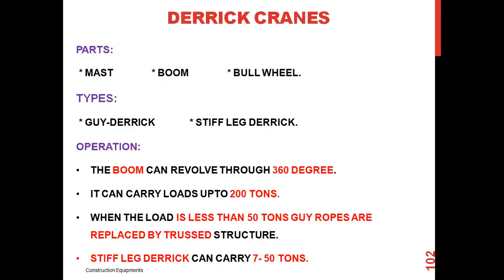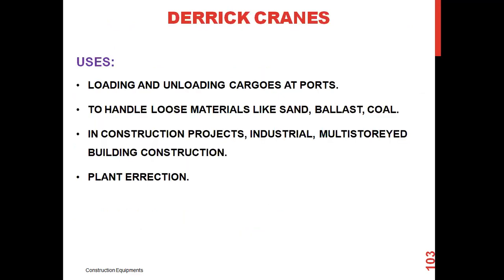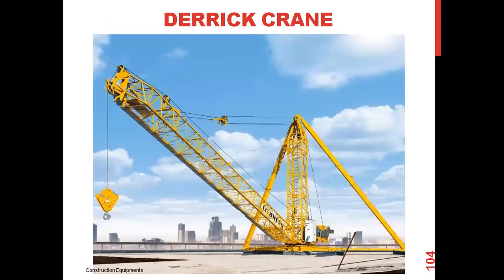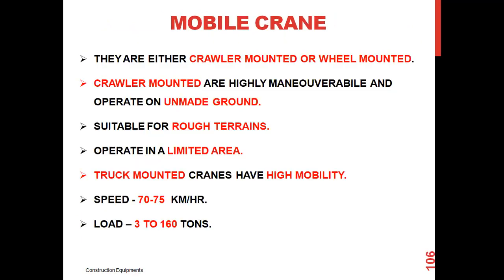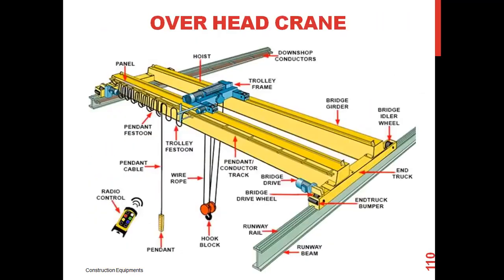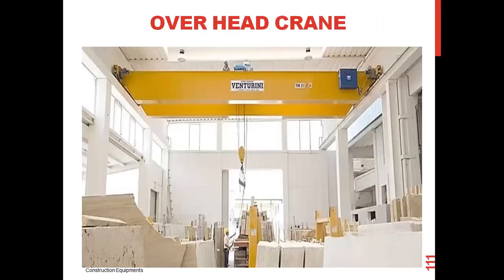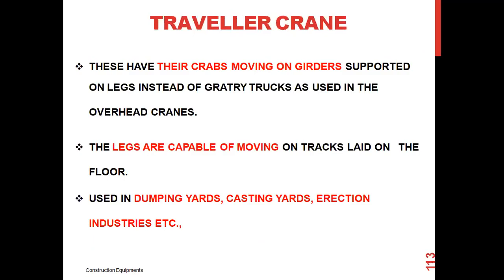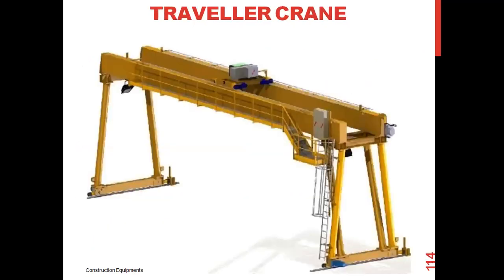So, cranes, derrick cranes, and their uses. These are the derrick cranes, mobile cranes, which we have seen previously, and overhead crane. These are the overhead crane and a traveler crane.